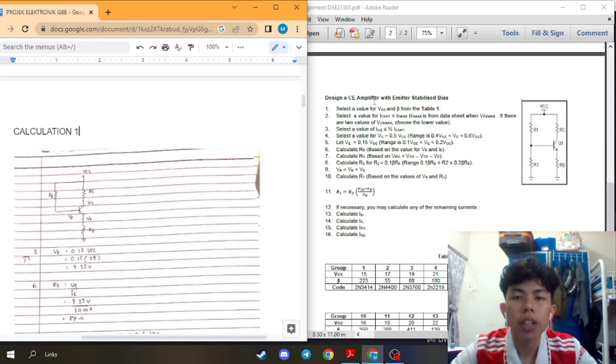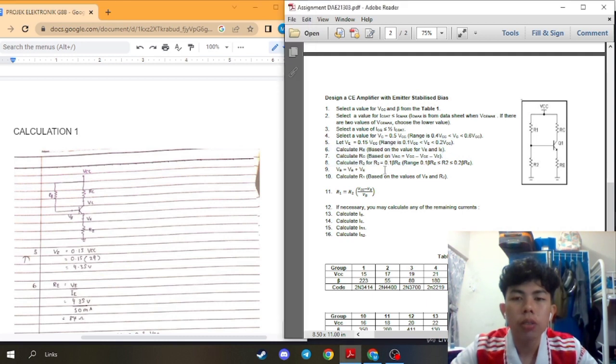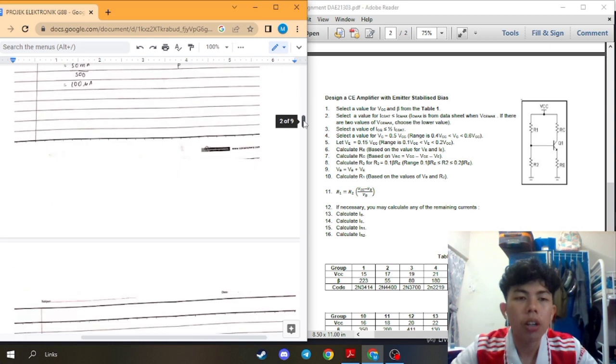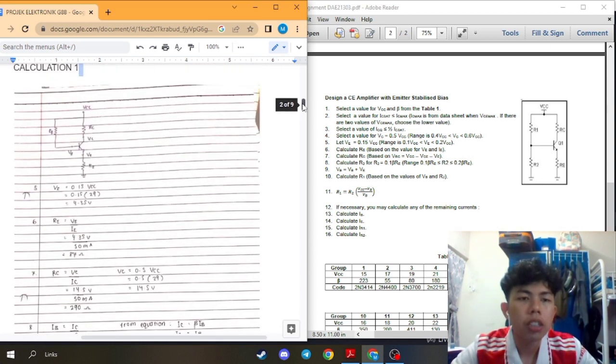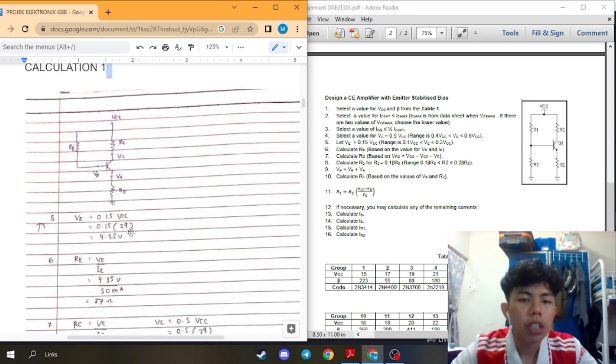Design a CE amplifier with emitter stabilized bias. So number 5, let VE equal 0.15 VCC. From my calculation, we can see that VE equal 0.15 VCC.